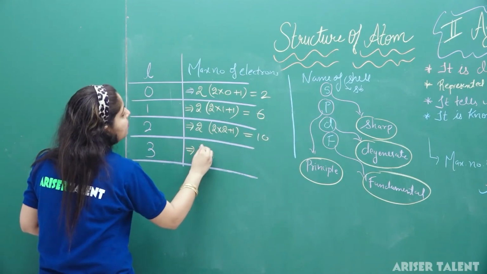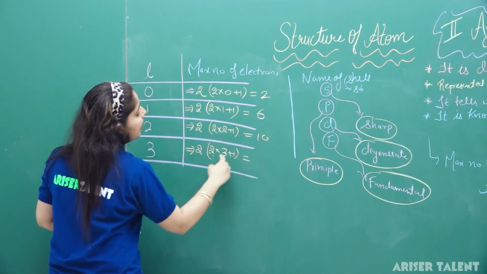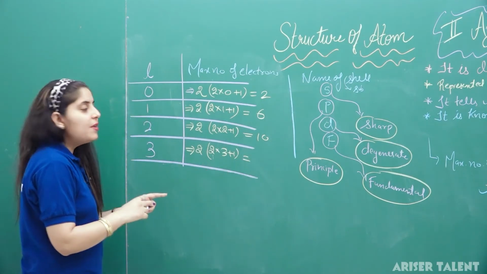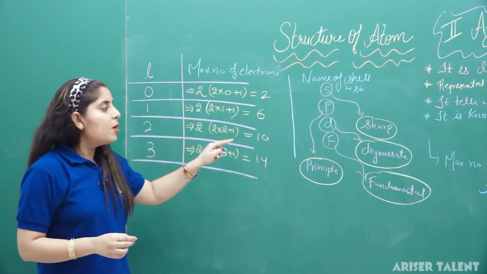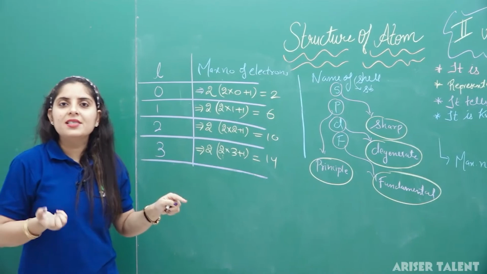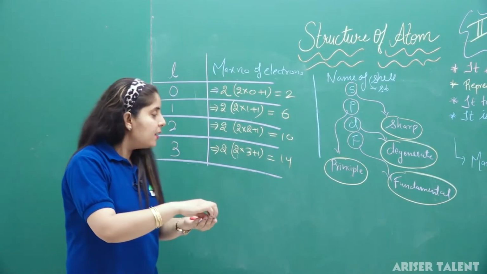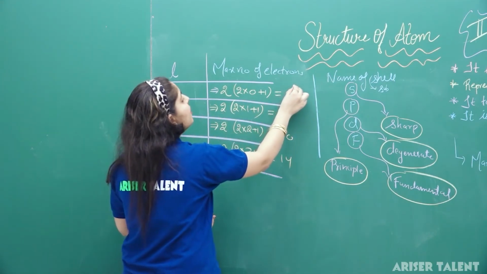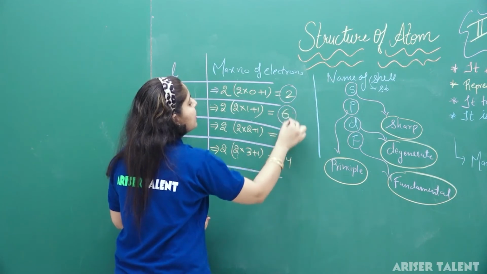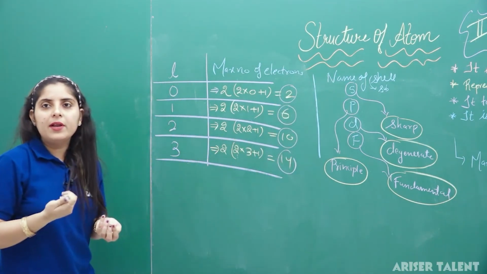For the value of 3, 2 into (2 into 3 plus 1): 3 into 2 is 6, 6 plus 1 is 7, and 7 into 2 is 14. So the maximum number of electrons for the azimuthal quantum number is calculated by 2 into (2l plus 1). So we are getting the values 2, 6, 10 and 14, which give us the maximum number of electrons.